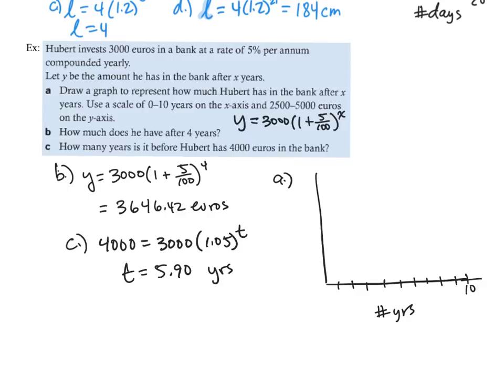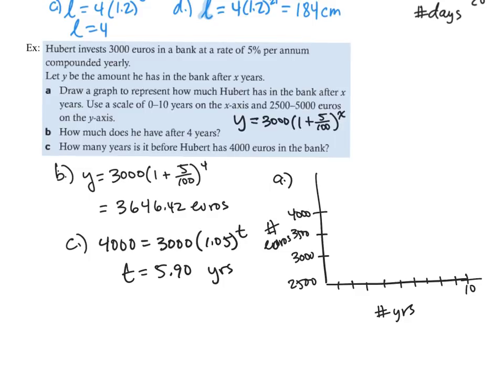And then on the other axis, we're measuring how many euros he has. So number of euros. And that needs to go from 2,500 to 5,000. So I guess we could count by 500s. So this could be 3,000, and then 3,500, 4,000, etc.